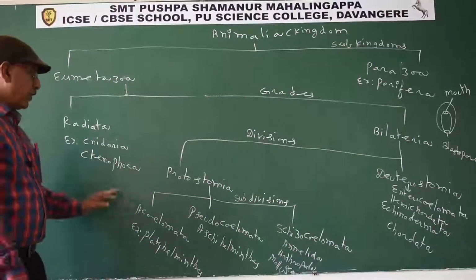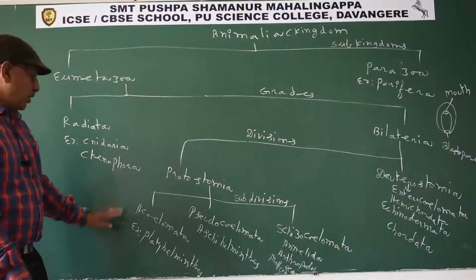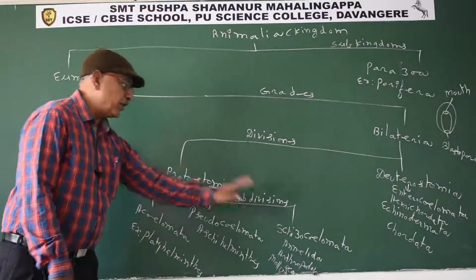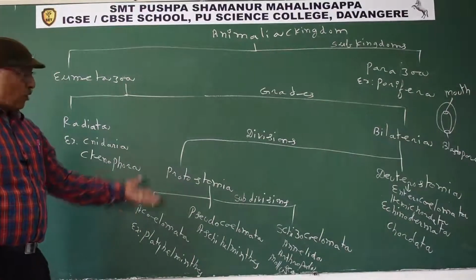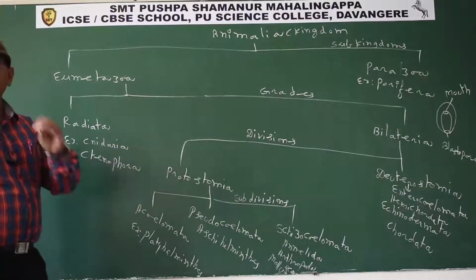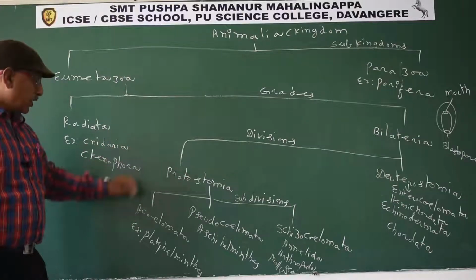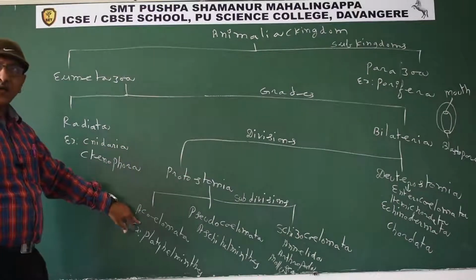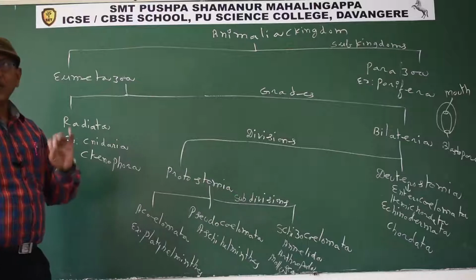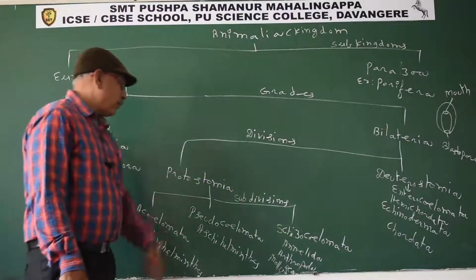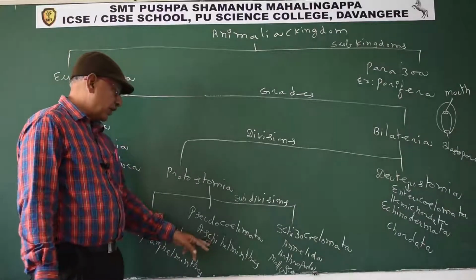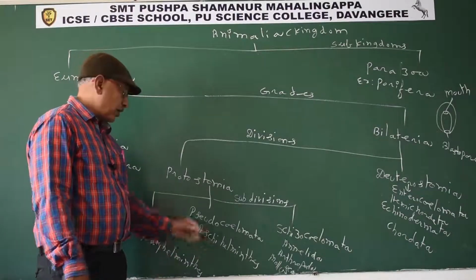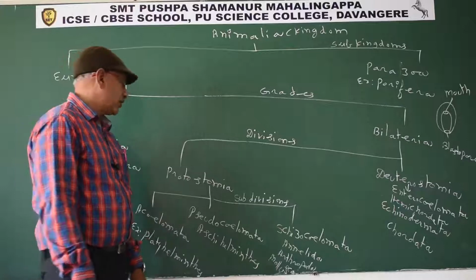Protostomia is classified into three subdivisions: Acoelomata, Pseudocoelomata, Schizocoelomata. A means no coelom. Members of Protostomia without coelom are included in subdivision Acoelomata. Example, Platyhelminthes. Members of Protostomia with a false coelom are included in Pseudocoelomata. Example, Aschelminthes.